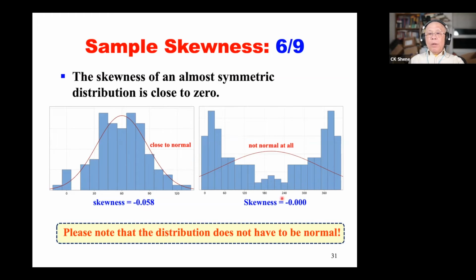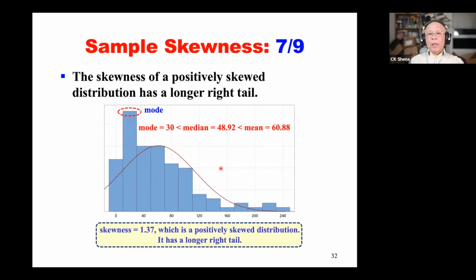So even though you have a nearly 0 skewness value, the distribution is not a normal distribution. So again, skewness value only tells us whether the distribution is symmetric or not, not whether the distribution is normal.